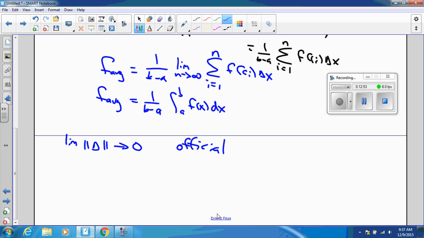The Riemann sum, the definite integral, is the limit as mesh size goes to 0 of the Riemann sum. But if it so happens that my delta x is regular or in some way a function of n, so that as n goes to infinity, delta x goes to 0, then I can make this happen by making n go to infinity. Okay.